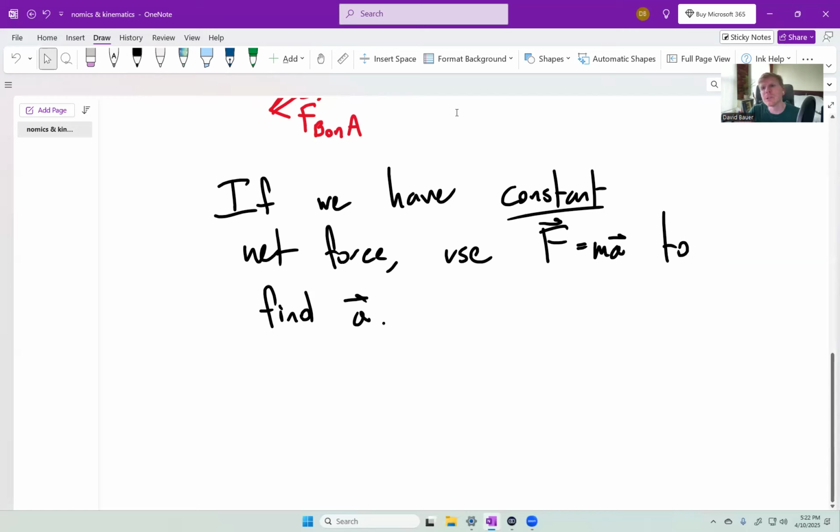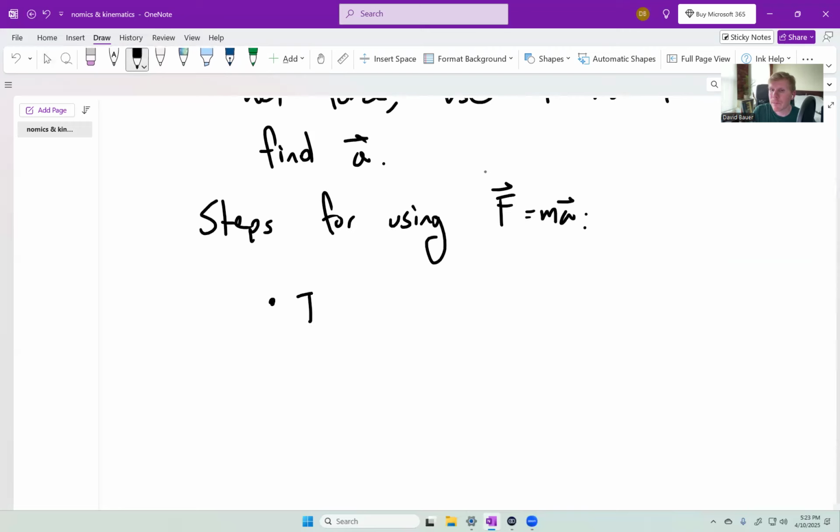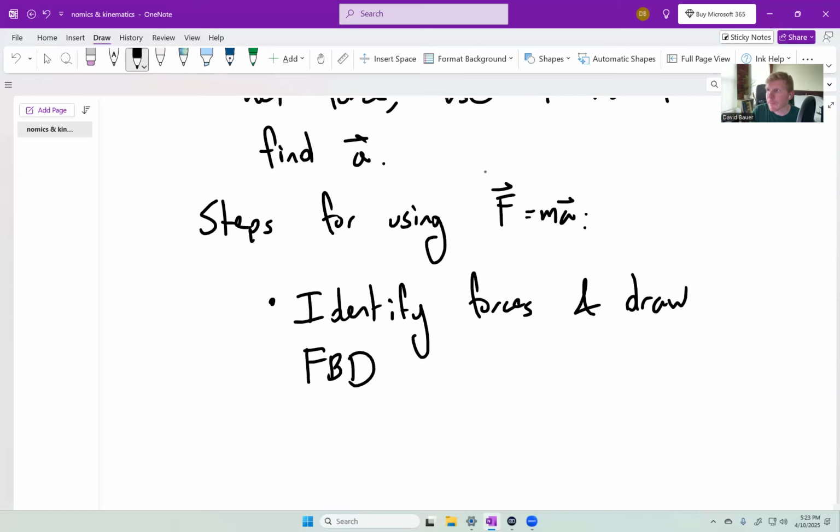Okay, and so what's the procedure for actually doing this? Well, the first thing we need to do is identify all the forces on our object and draw a free body diagram. You always want to draw a free body diagram.